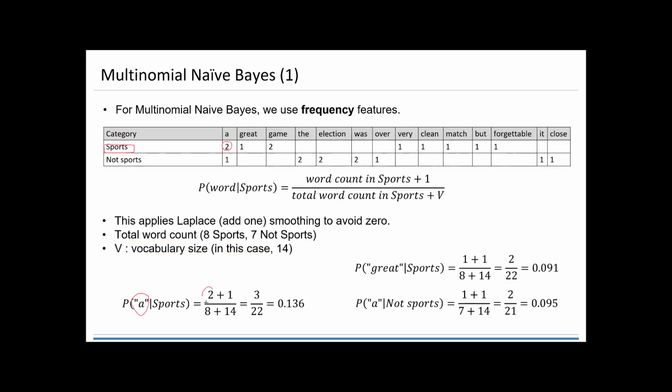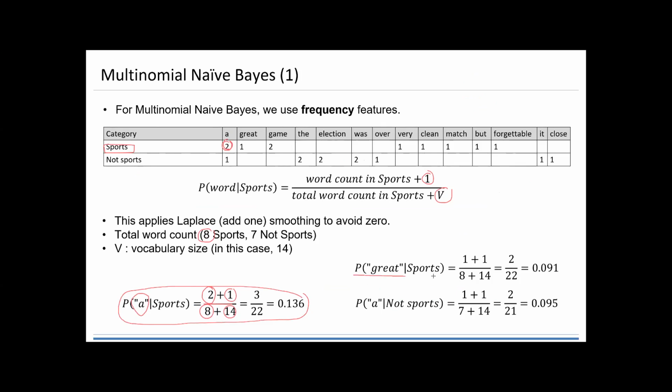So you can see there are 2, and 2 of them among 8 of this data belong to sports, and then yeah, we're adding 1 with 14. So 1 is for the Laplace, and the V is the vocabulary size. So here we have the probability, yeah, 3 divided by 22.